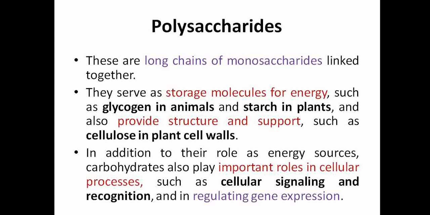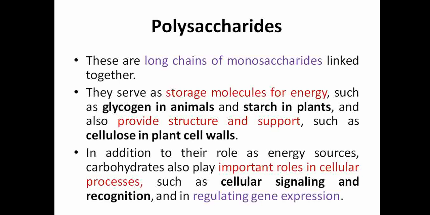A simple example: when you peel a coconut, the brown fibrous part that comes up is cellulose. It is mechanically very strong; you can't just break it with your hand, right? That's how it gives structure and support to plant cells.